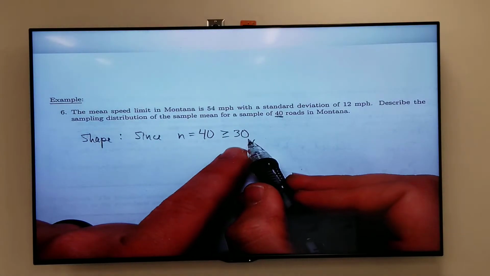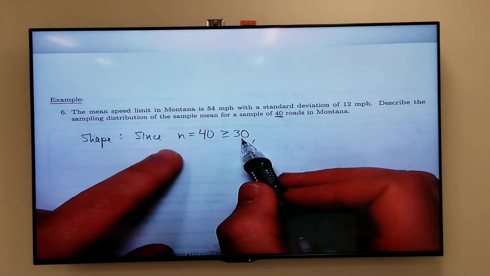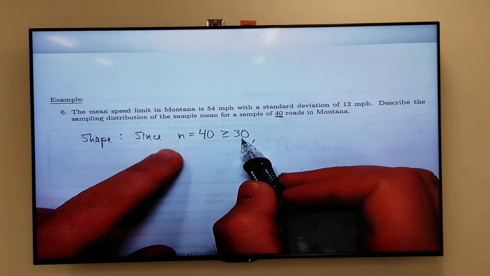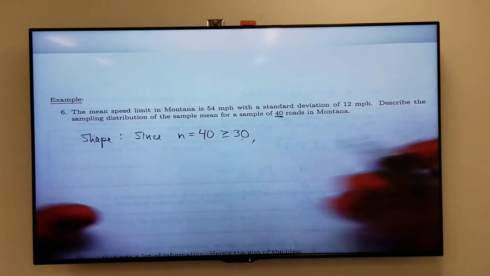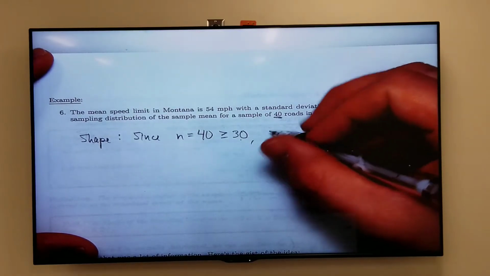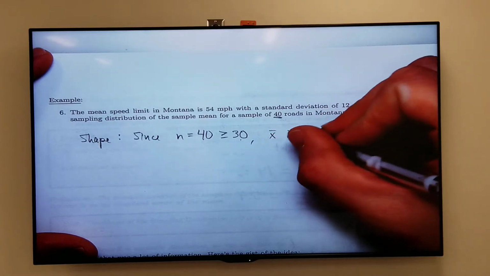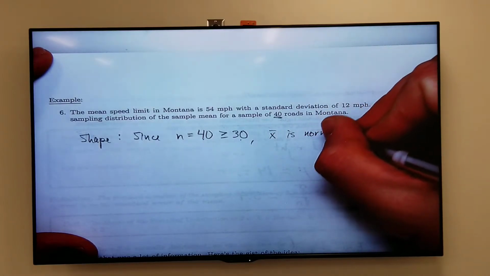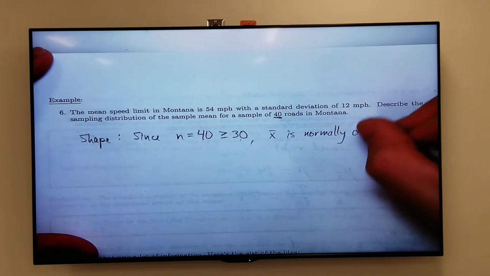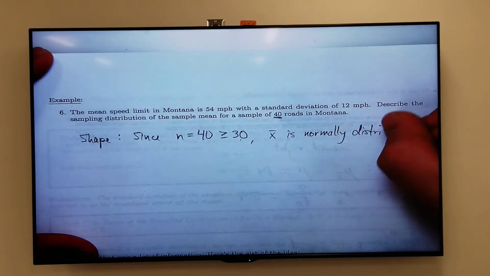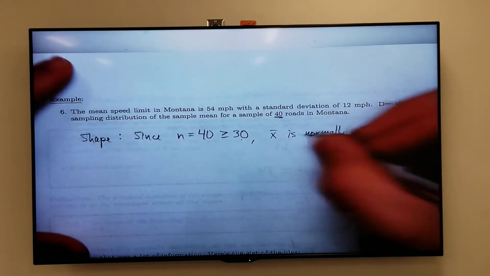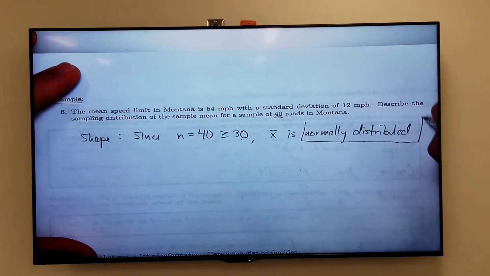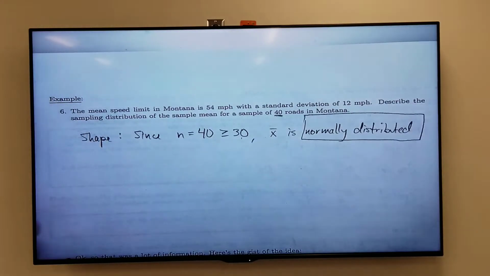Remember, 30 was our cutoff point. As long as n is bigger than 30, we can say that x bar is normally distributed. And since 40 is bigger than 30, x bar is normally distributed. Right? So x bar is bell-shaped, right? That's the shape of the distribution.